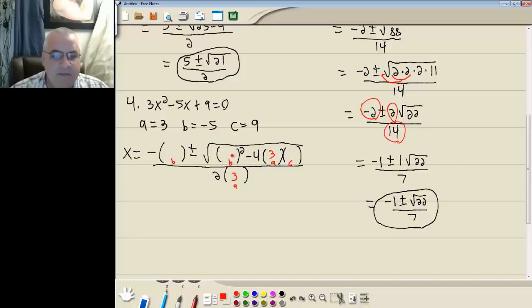We said B was negative 5, so everywhere I have a B, I'll put in negative 5. And we said C was 9, so everywhere we had a C, we'll put in 9. Negative negative gives us a positive, so we got positive 5 plus or minus square root. Negative 5 squared is 25 minus 4 times 3 is 12 times 9 gives us 108.